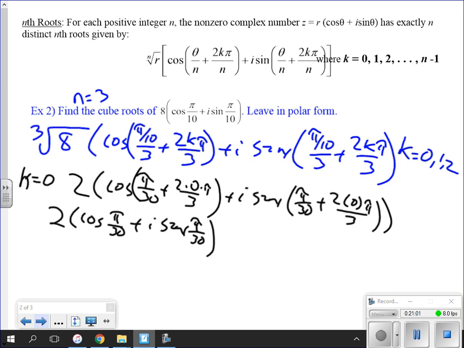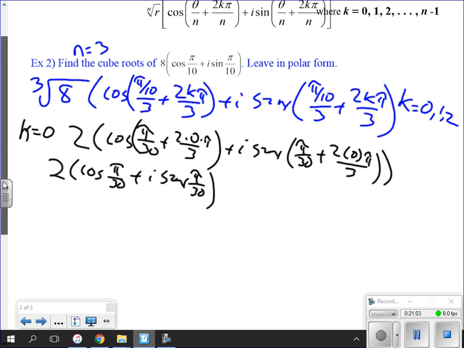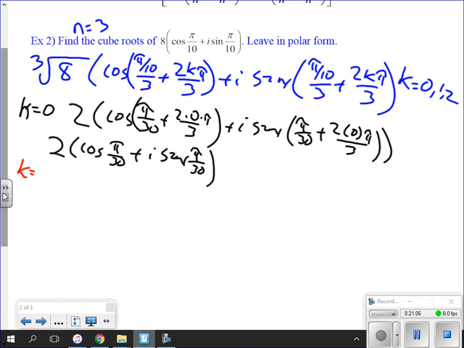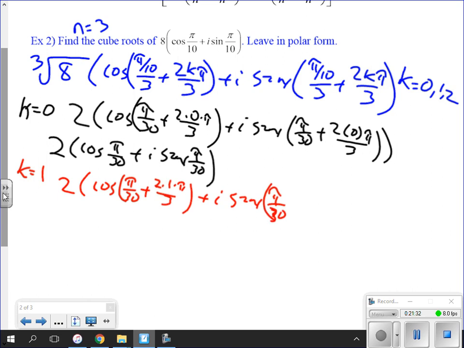How many more do I have to go? So I have to do it for k equals 1. I still have the 2 out front. Cosine of pi over 30 plus, putting 1 in for k, 2 times 1 times pi over 3, plus i sine of pi over 30 plus 2 times 1 times pi over 3.